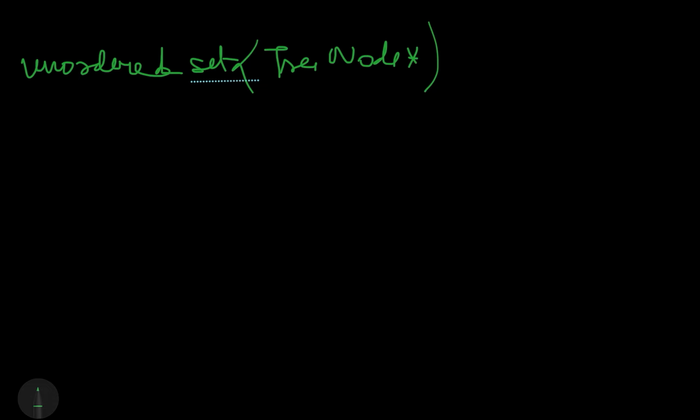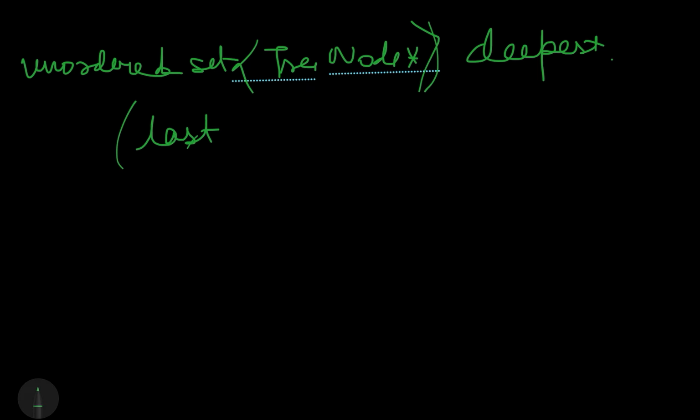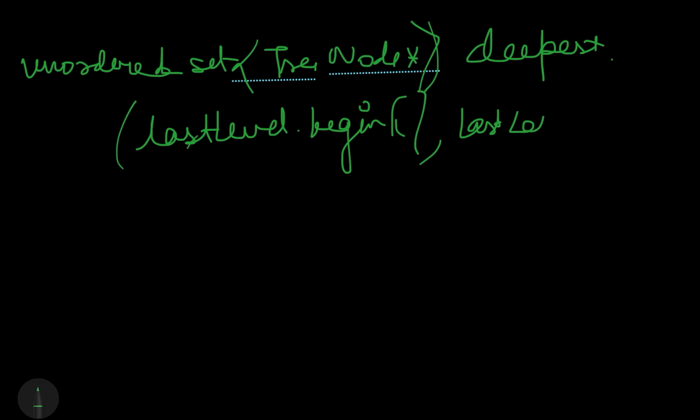Sorry for my handwriting. Okay. Then we'll define an unordered set of tree node type and name it deepest, which will have last level begin till last level end. Now we'll find the LCA of the last level.